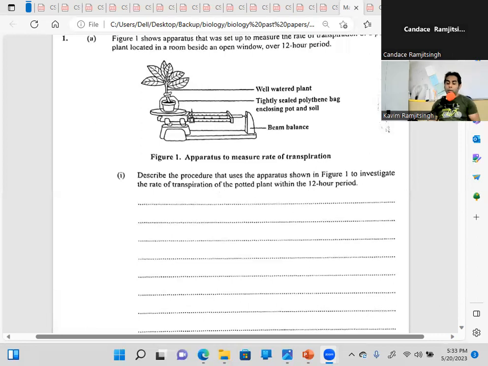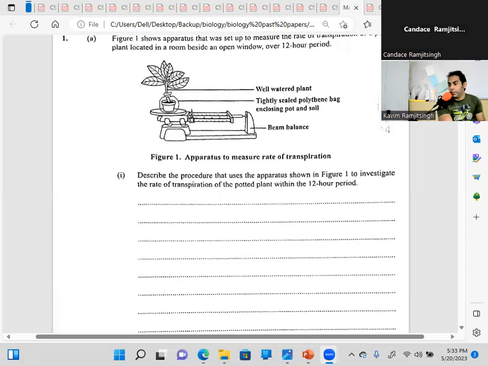So just pay attention to your diagrams that I told you about: your xylem, phloem, your eye, the skin, and the mitosis and meiosis.